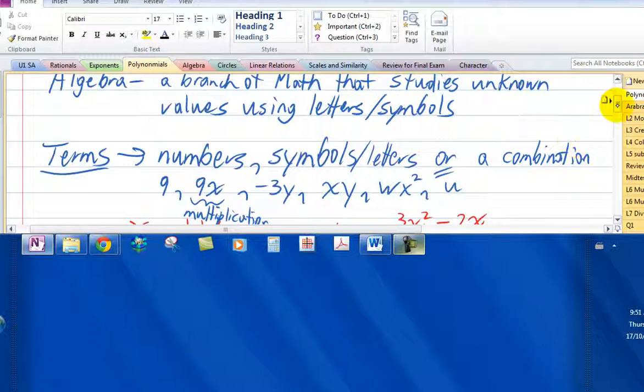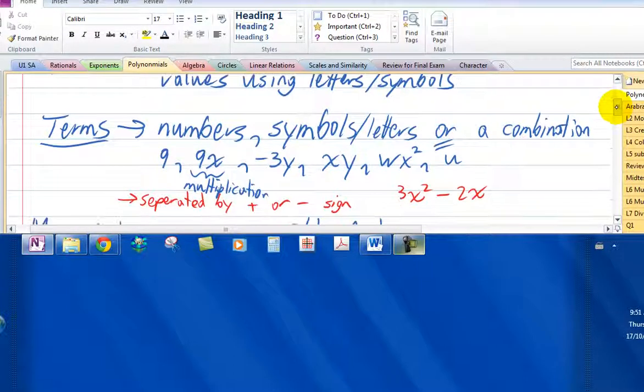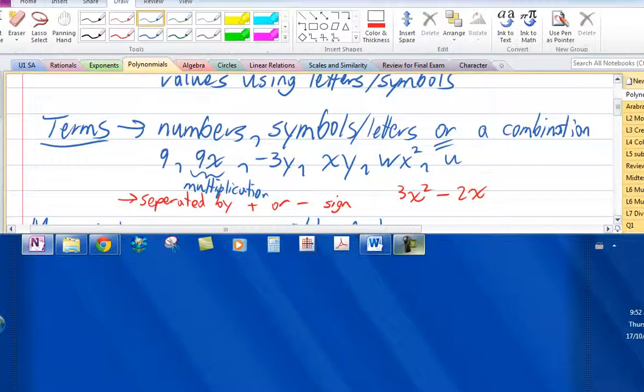Now we separate terms by a plus or a minus sign. So for example, we have 3x squared minus 2x. That's an expression. It's a binomial. We'll talk about what a binomial is later. But there are two terms there. I'm going to use my green pen and separate them. We have a 3x squared term and a negative 2x term.